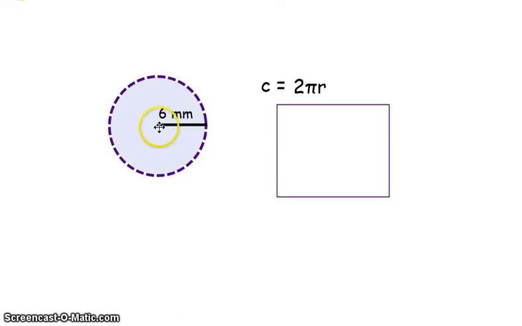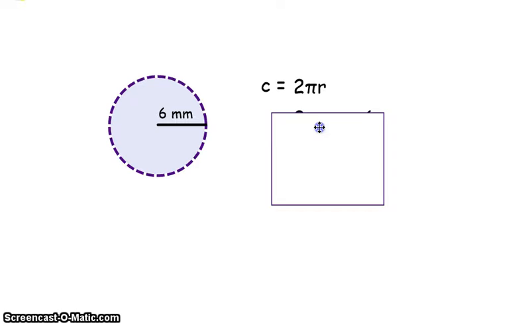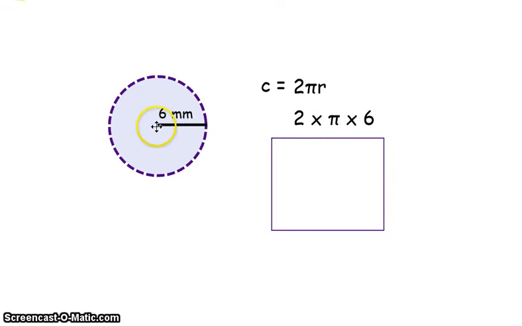For this circle, its radius is given. The radius is 6 millimeters. To find the circumference, we need to plug this 6 into the equation. 2 times pi times r, which is radius. So we plug the 6 in, and our equation is now 2 times pi times 6.